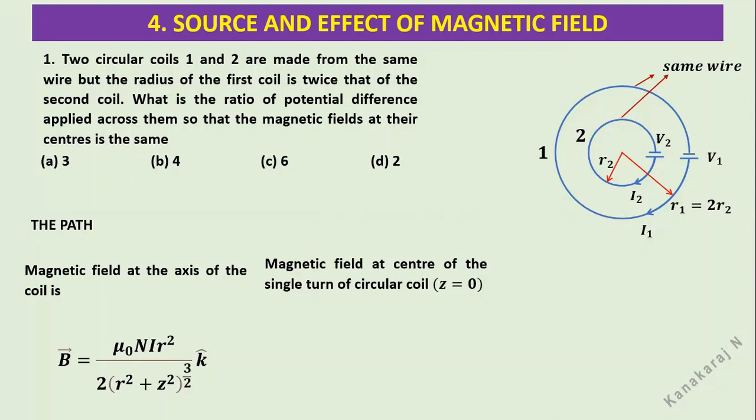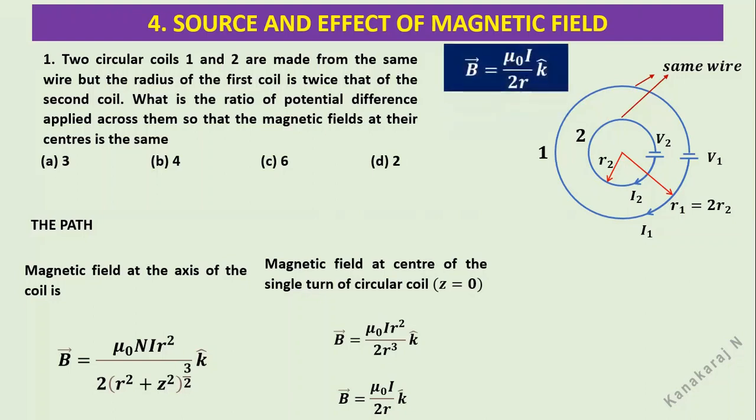Thereby, we get a simplified form, B vector equals mu naught I r square divided by 2r cube k cap. Now, we have B vector equals mu naught I by 2r k cap. Let us keep this formula for our problem. This formula we will be using in our problem.